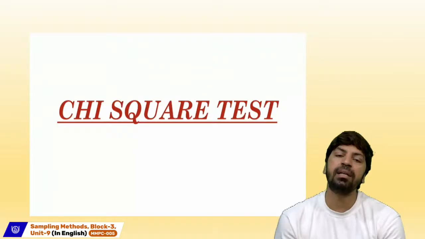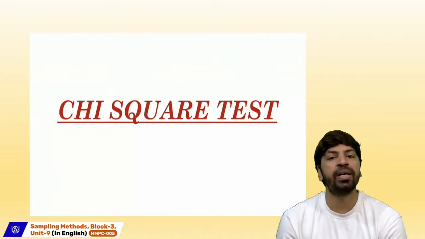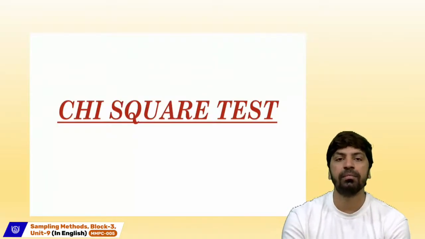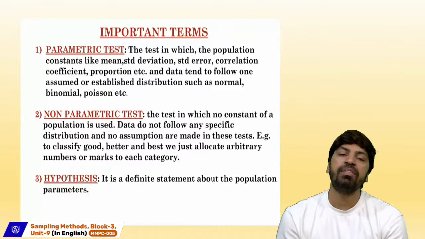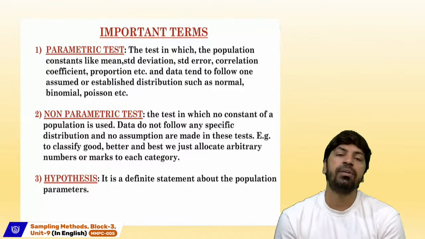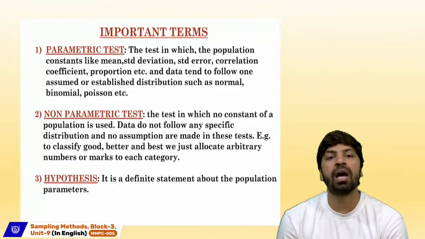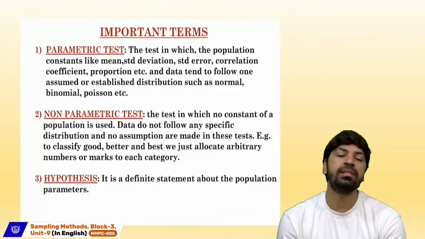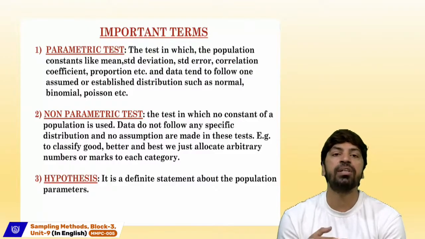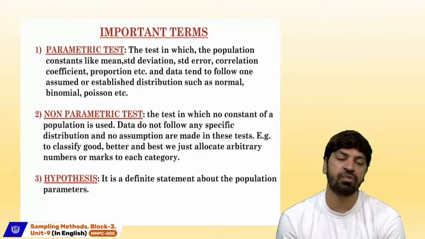The next concept is the chi-square test. Before I come to the numericals or a broad perspective of formulas, it is very important to understand the basic terms which are used under the chi-square test.